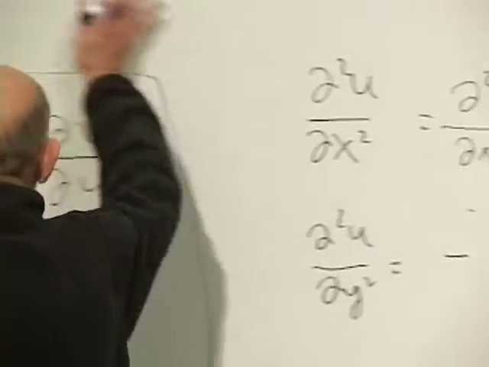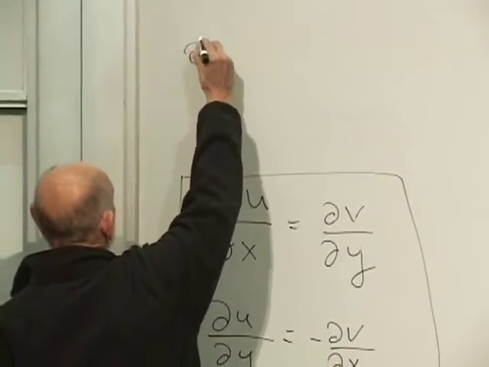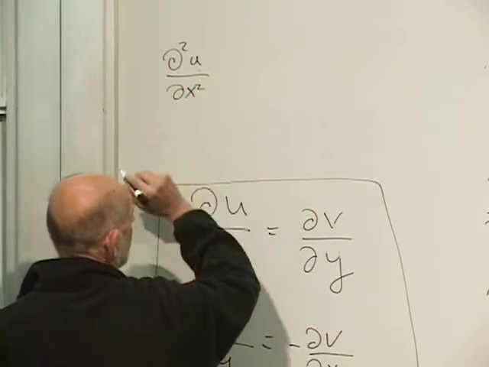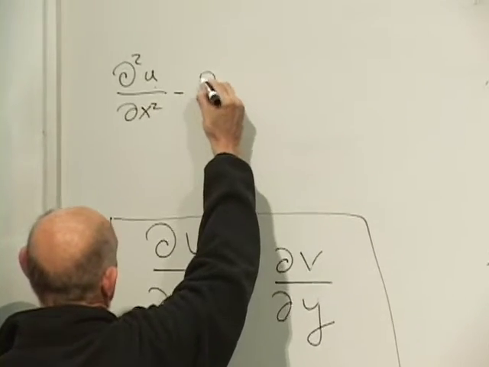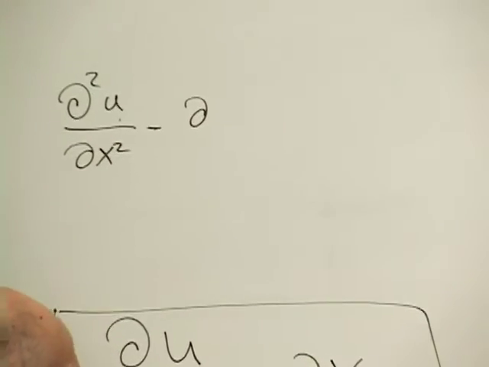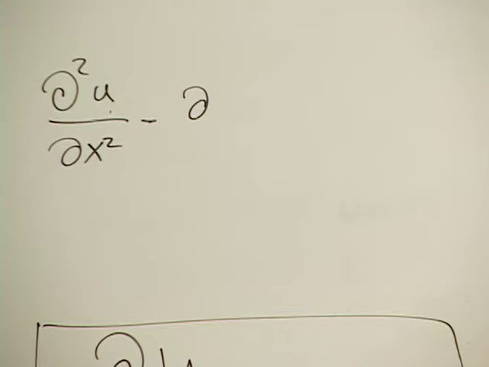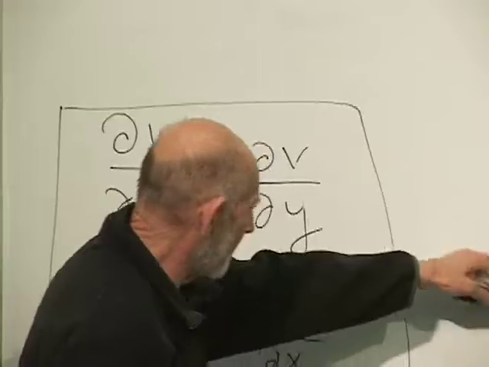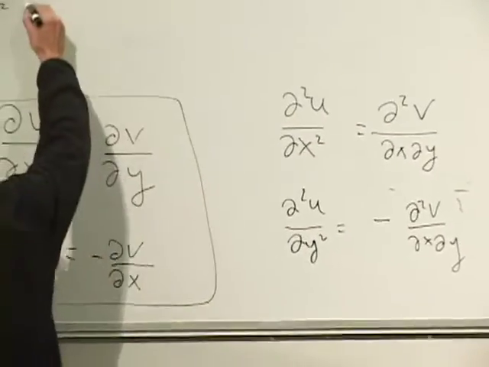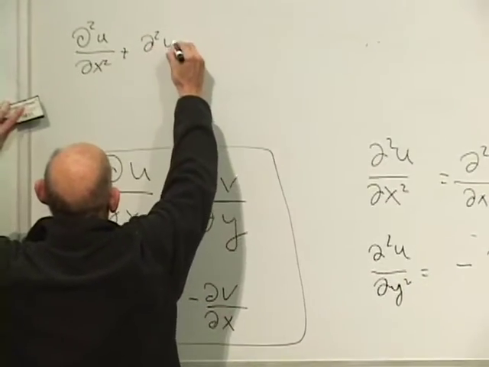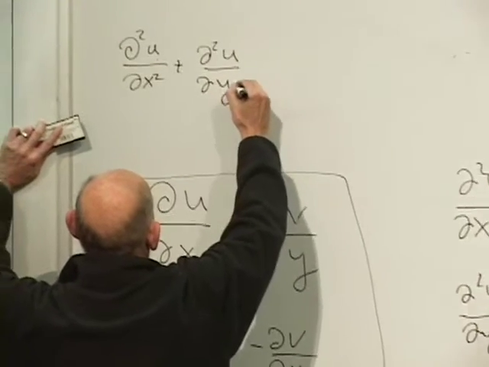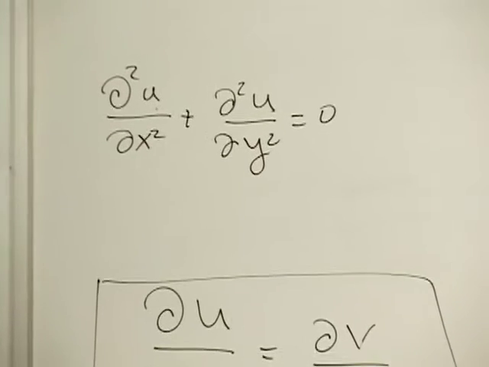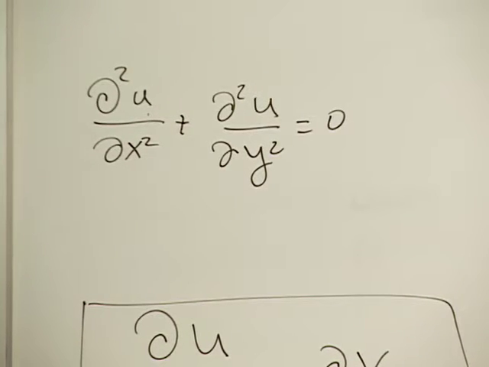One equation is d second u by dx squared plus d second u by dy squared. Just add them, and the right-hand side will go away. Well, that's a familiar equation. That's just Laplace's equation in 2 dimensions.